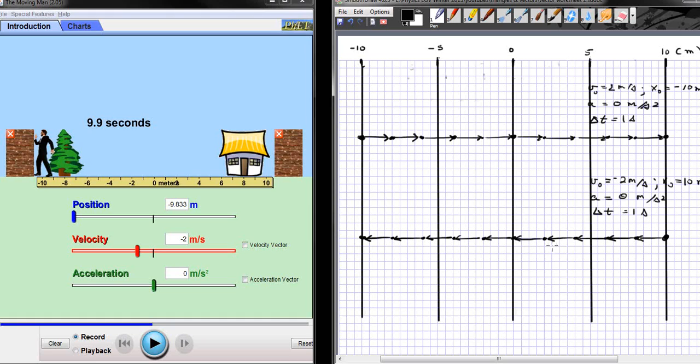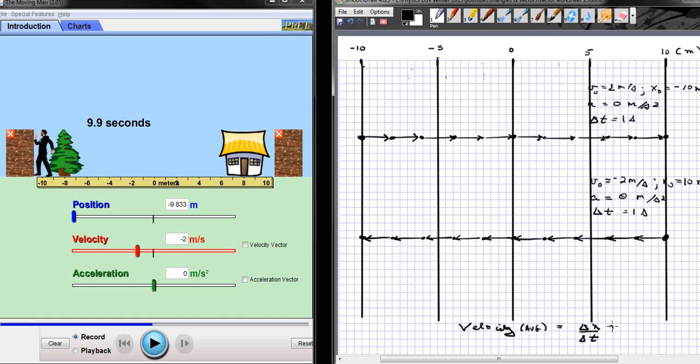So the definition of velocity is, let me just write this down on the bottom here. Velocity, and technically speaking, this is average velocity, is the displacement divided by the corresponding change in time.